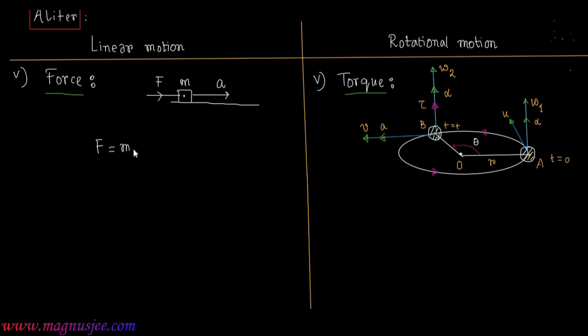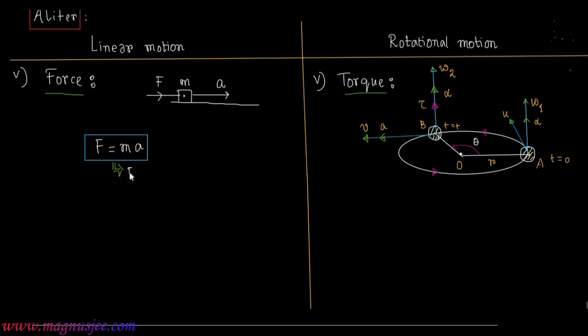On the left hand side, force is the product of mass and acceleration. F is equal to ma. This is the force acting on the body, and due to application of force the body will have linear motion.